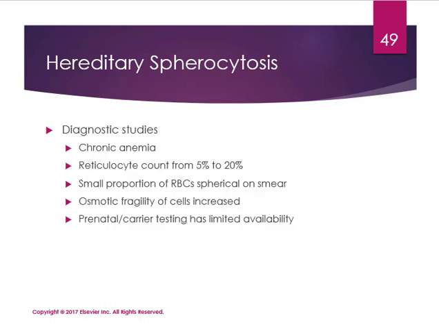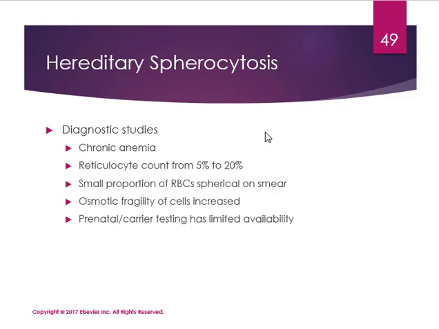Diagnostic tests that you would do would be to assess for chronic anemia. You're going to do a CBC, and you may note that the hemoglobin may be anywhere from 6 to 10. Reticulocyte counts may be anywhere from 5 to 20, and on a peripheral smear, a small percentage of the RBCs will be spherical and smaller than normal, and the cells will lack a central pallor, and some will be of their normal biconcave disc shape.